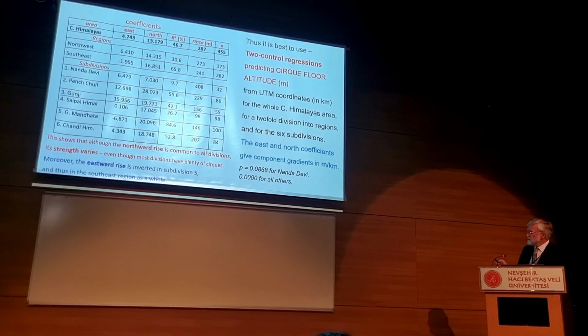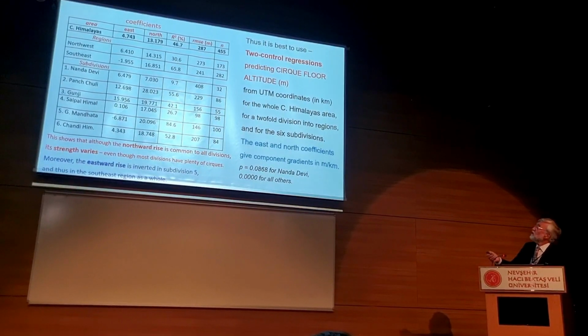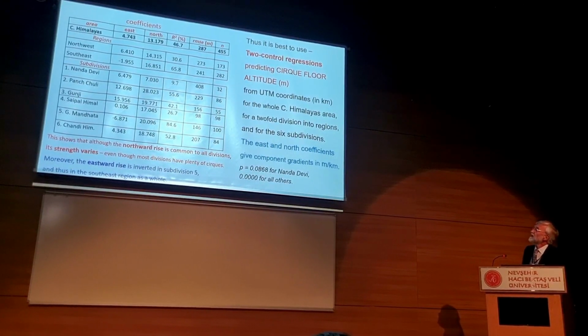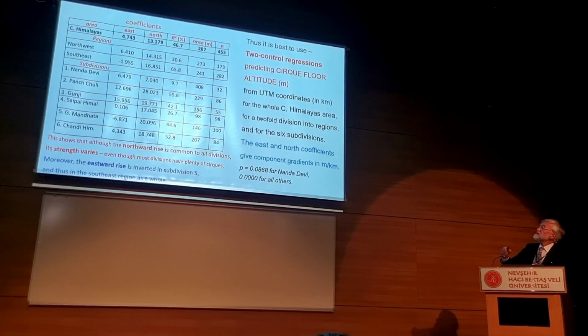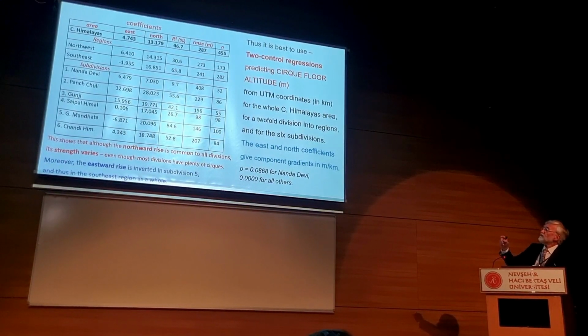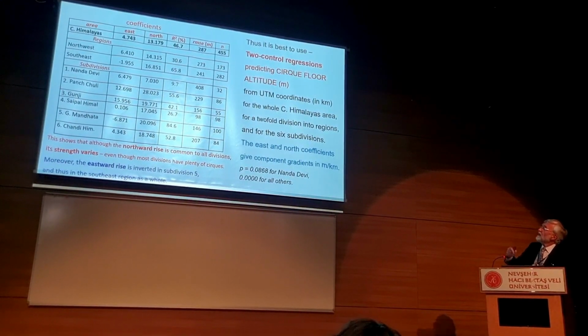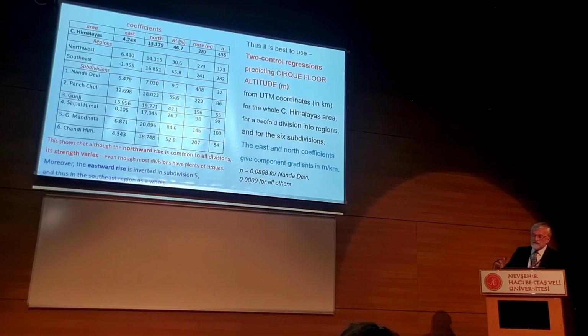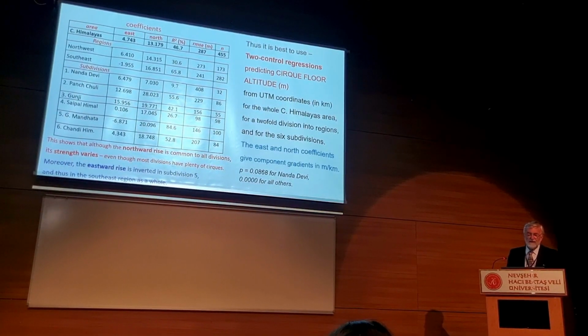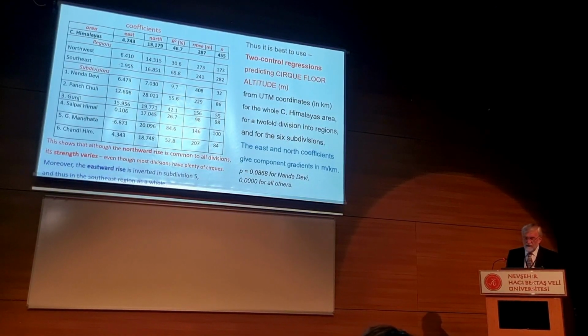So the coefficients on each of those coordinates are shown by the second and third columns here. How strong is the eastward trend? How strong is the northward part of the trend? And then we can combine these, of course, to say exactly in which direction the trend is going.